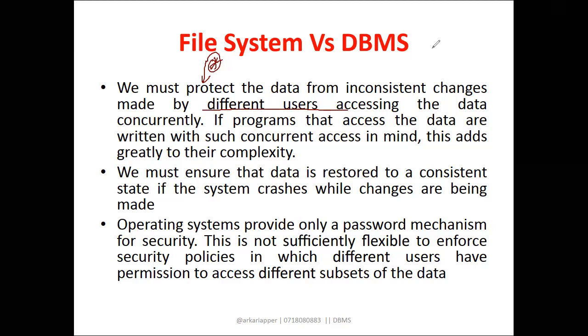So if you take the data, user 1, user 2, user 3, user 4, user 5, different people are using this data. While one is updating this particular data, the others cannot write or update.